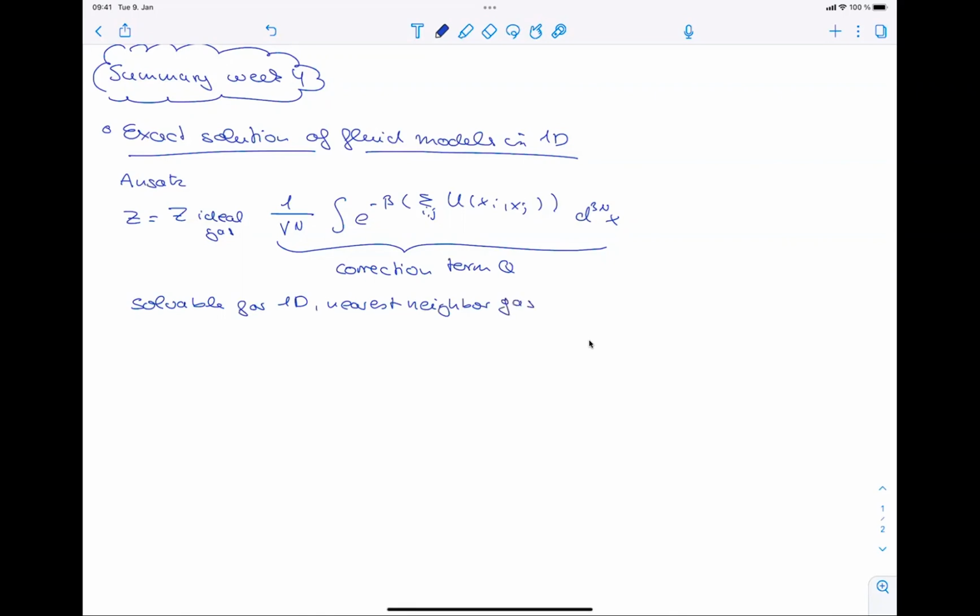The reason why we could solve that is that here the particles are ordered on a line, and so I can easily integrate over the distances between the particles, or I can also just enumerate the probabilities of them being distributed. And so we did this for the specific interaction of the Tonks gas, where we have hardcore repulsion.